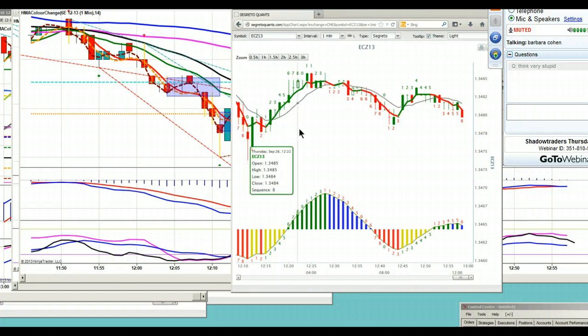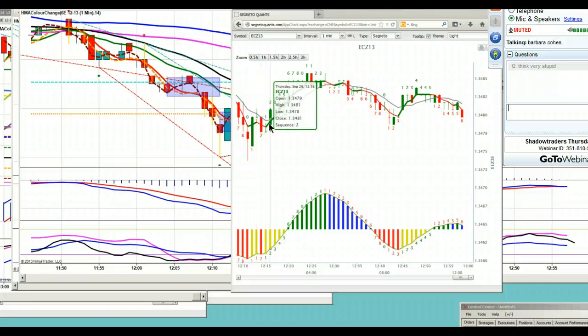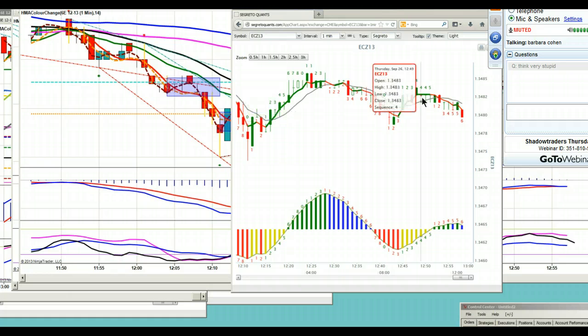So you can see at the top here, the HMA crosses the gray line as well around that time. Sometimes it crosses first in the yellow part, sometimes it might cross a little later, like here on the green part.